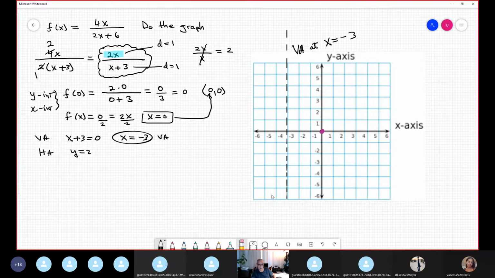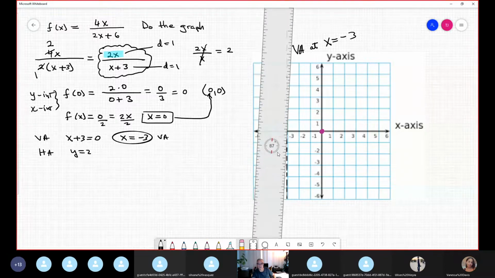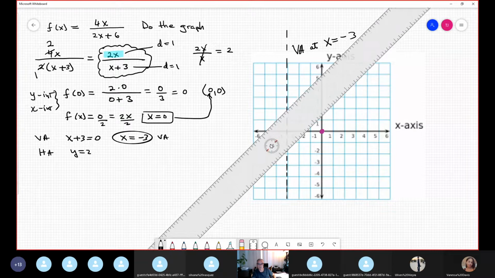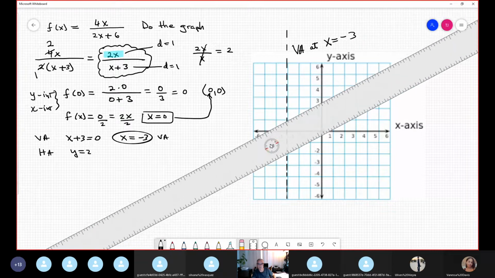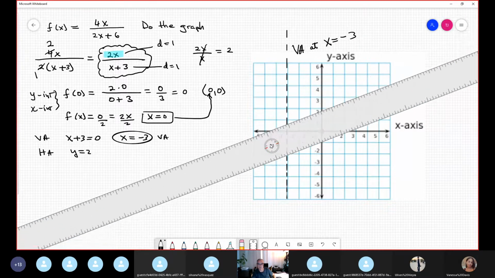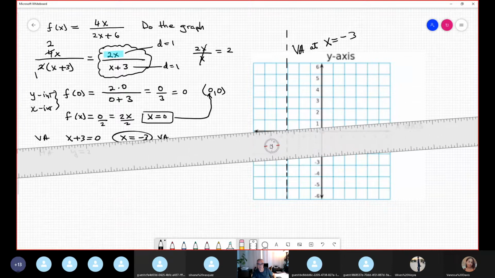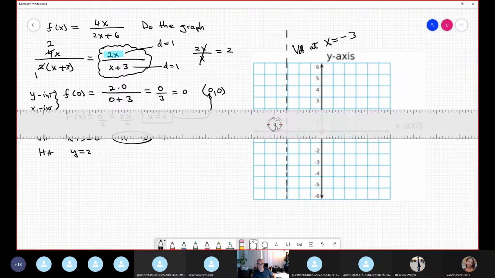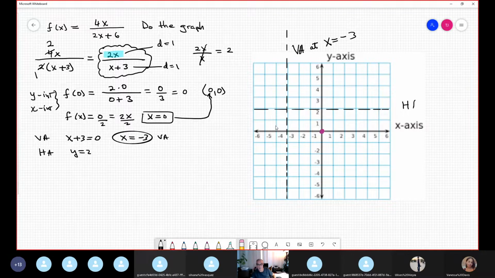And we have the horizontal one at 2. This is the horizontal asymptote at y equal 2.